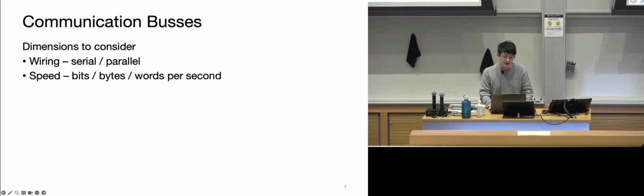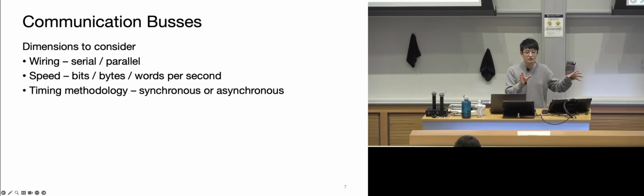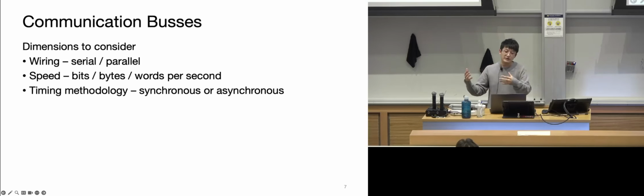And then the speed, which depends on how you count it. You can count it by bits, bytes, or words per second. But that's something we should also consider. And timing: is it supposed to be synchronized or asynchronized? Synchronized meaning they share the same clock source. Asynchronized meaning they have their own clock source, or even some that don't have a clock source.